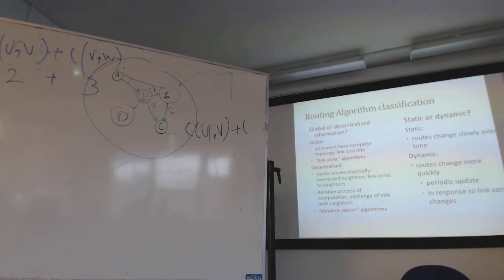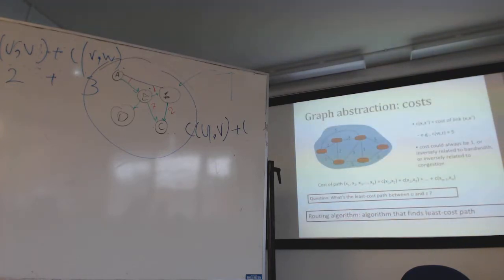What about the other classification? Global and decentralized. Global is centralized, where all routers have complete topology and link cost information. What does that mean? For example, in the graph I showed you before, I have the numbers already stored inside those connection links. Each one of those routers or nodes knows exactly the cost to connect to that node.